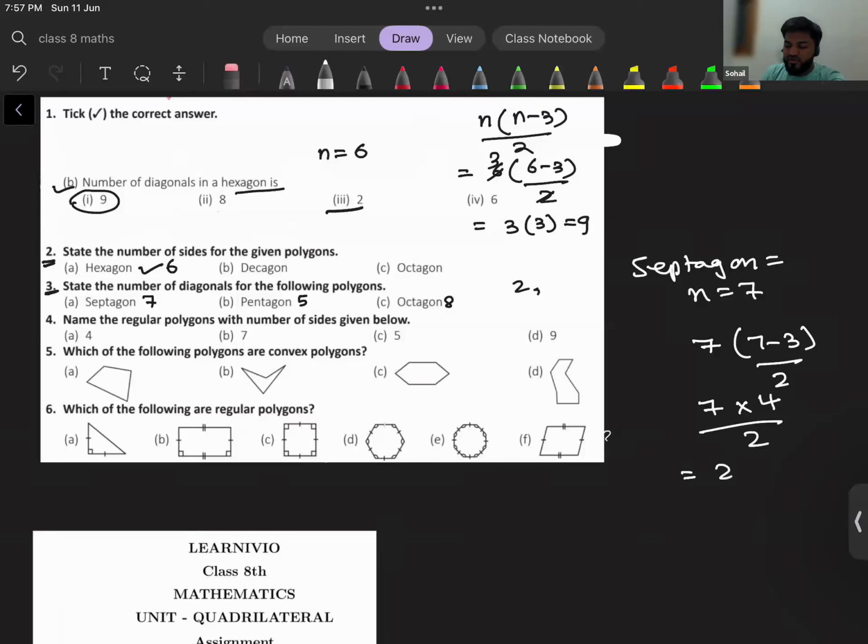So it is 28 upon 2, that is 14. So the number of diagonals in a septagon is 14, not 28. Arhan, you also got this? Do it for pentagon and octagon also. Question number 4, your answers are correct.